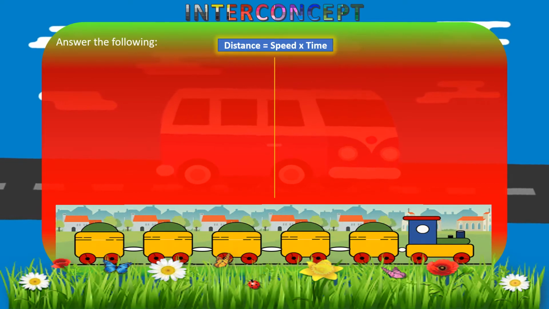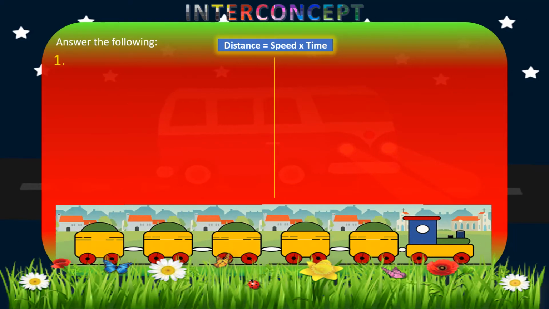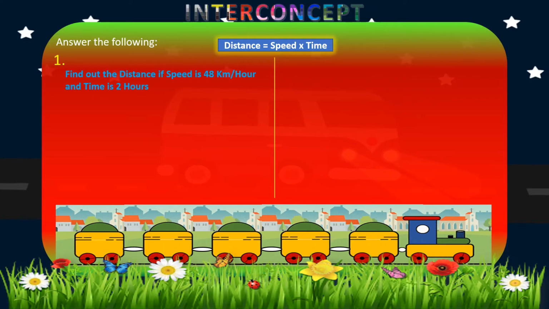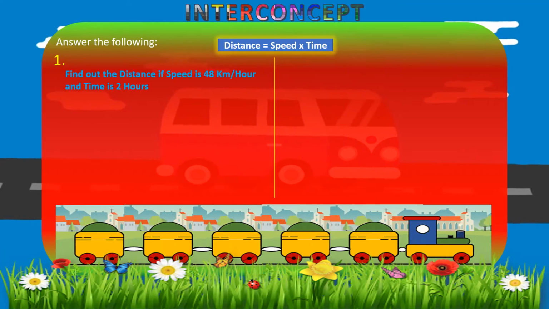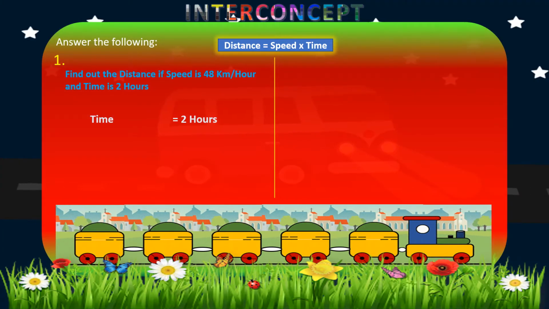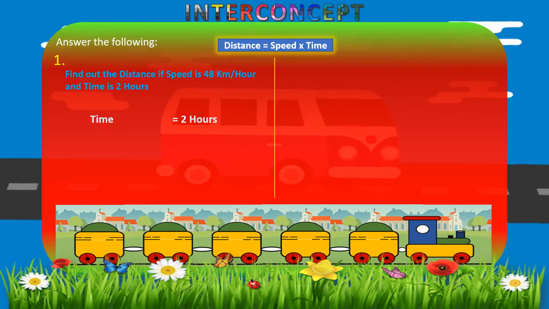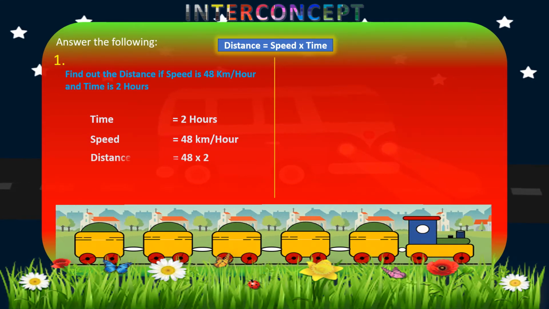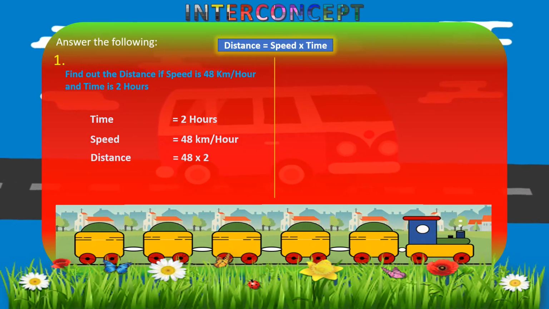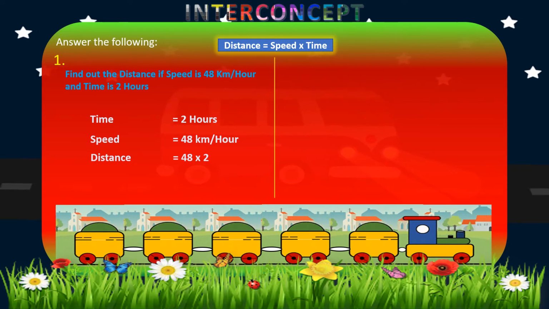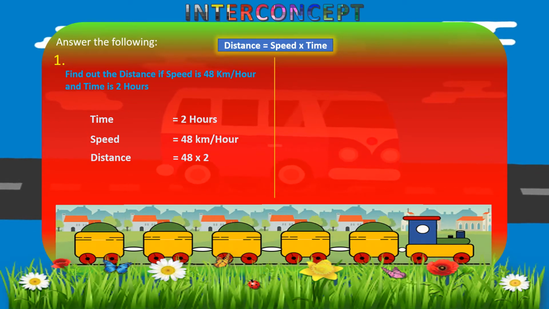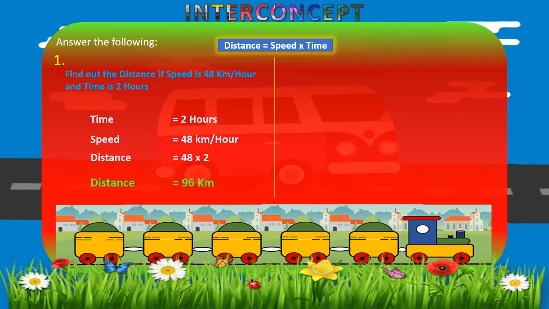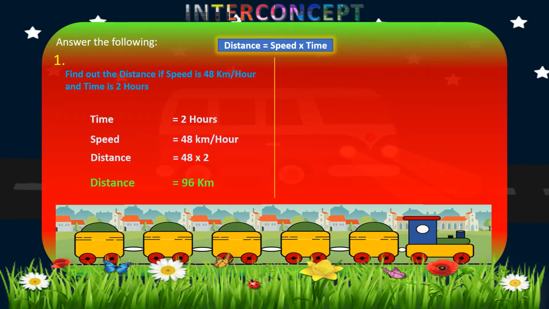Few more examples to find out the distance. Find out the distance if speed is 48 km per hour and time is 2 hours. Here time is 2 hours and the speed is 48 km per hour. Distance is equal to speed into time. So 48 into 2. Now we get the answer. The distance is equal to 96 km.